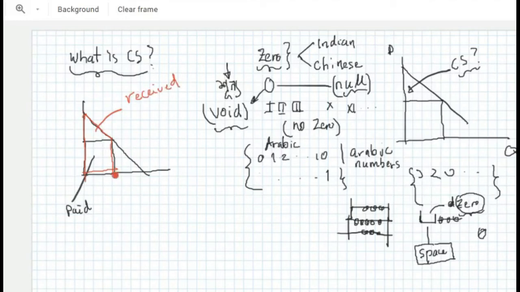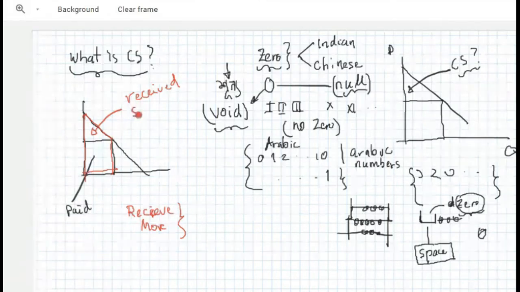Remember, this was my willingness to pay. So this is what I received, which means anytime I buy something, I receive more, right? I receive more than what I paid, and that difference is my surplus.